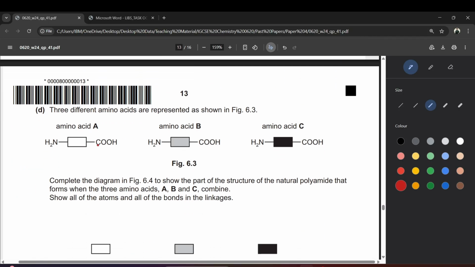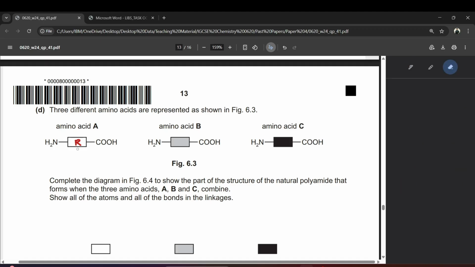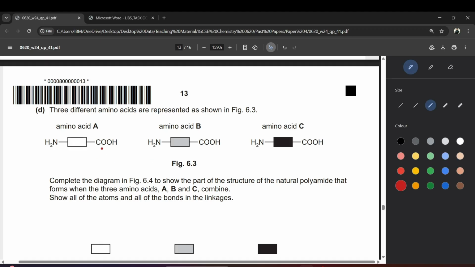Now part D: three different amino acids are represented as shown in figure 6.3. So this is amino acid A, this is B, this is C. These different boxes are some sort of carbon chain, but you are not required to know what that is. Because these are different carbon chains, they are represented in three different colors.